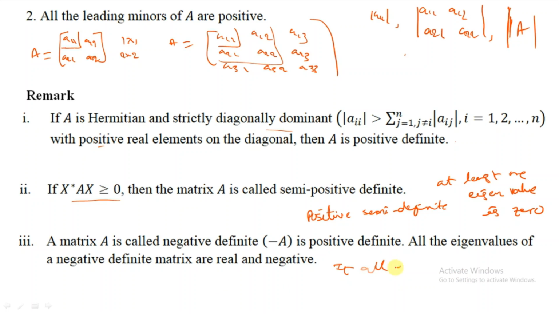If all eigenvalues are negative, then A is negative definite. Suppose all eigenvalues are negative except one that is 0, you can say negative semi-definite.